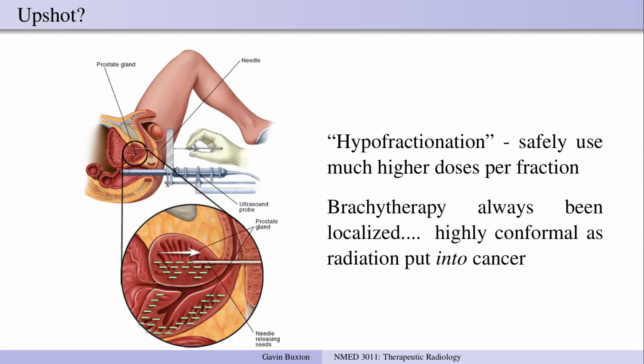Hypofractionation is not really all that new. Brachytherapy involves placing the radioactive source next to the tumour and then removing it sometime later, which, when you think about it, is highly conformal high-dose radiotherapy.